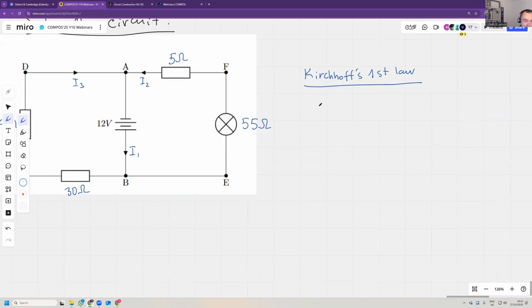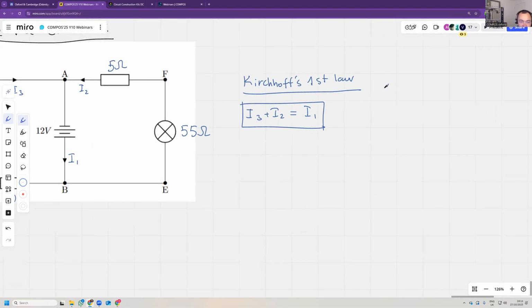The total current at a junction is 0. What that actually means is that I3 plus I2 must equal I1. That's all it says. That's all it means. The sum of the currents is 0.